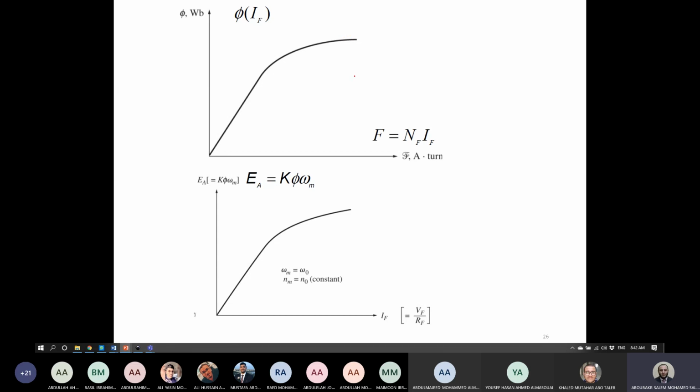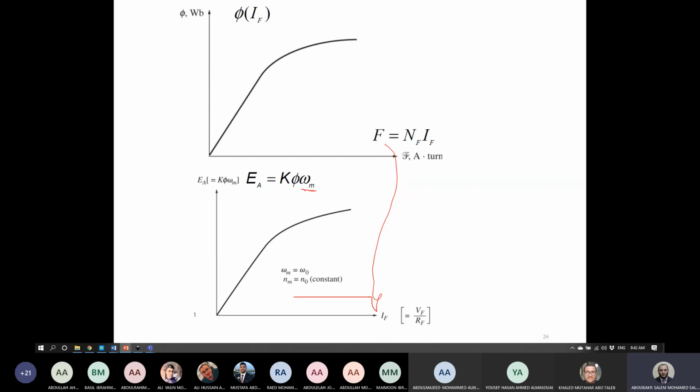Right. We can now say that if we consider N as constant, this MMF can be represented as current. So here we can say that this is considered as field current. And flux, you know the relation between EMF and the flux. EMF equals K, constant of the machine, multiplied by flux, multiplied by omega, which is the machine speed.